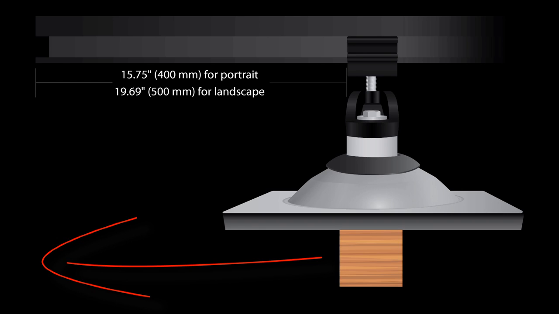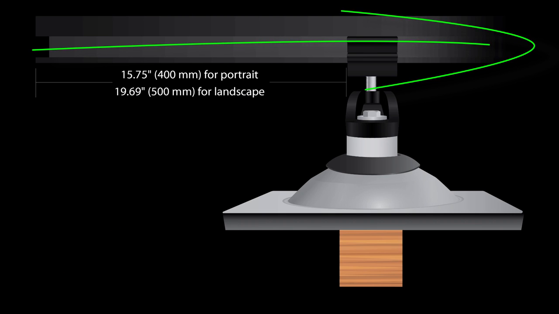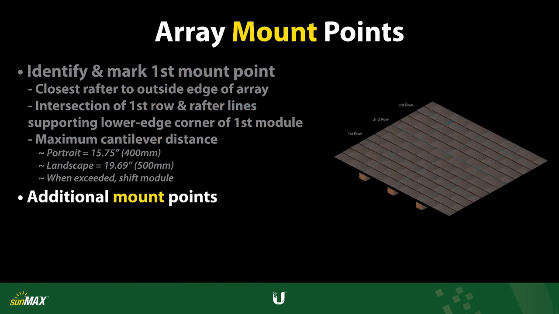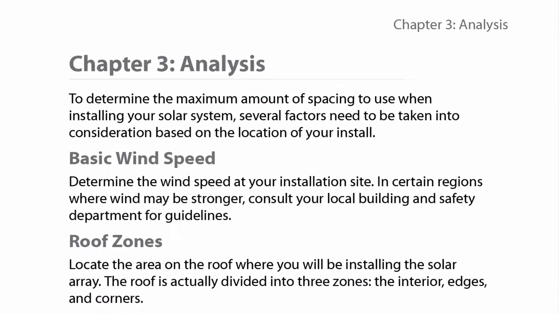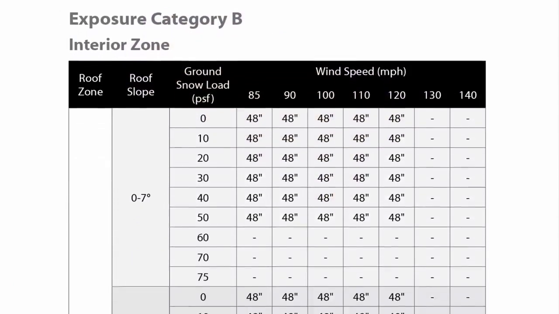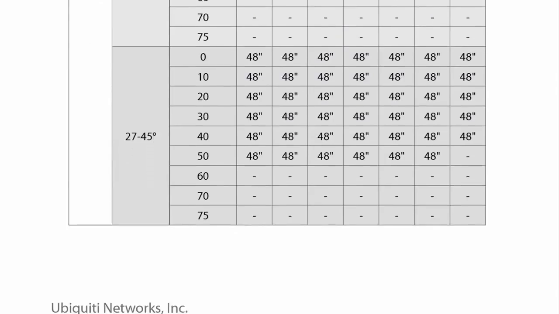If a rafter does not fall within the maximum cantilever distance based on the current chalk line position, the AC module location will need to be shifted in order to reduce the cantilever distance. Once the first roof mount location is marked, continue to mark additional roof mount locations along each horizontal chalk line, observing the maximum mount spacing for your location until the desired array layout is complete.